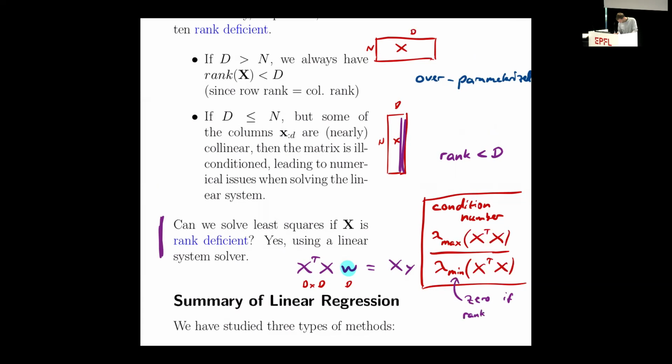So if you are rank deficient, then the condition number is not defined. Then the denominator becomes 0 and the whole thing blows up to infinity. Okay, but in practice we are not worrying so much about it because we will just solve the linear system anyway, and that's what I suggest for you to do. In practice, you will always just build this system, feed it to the solver, and you will get one solution W.